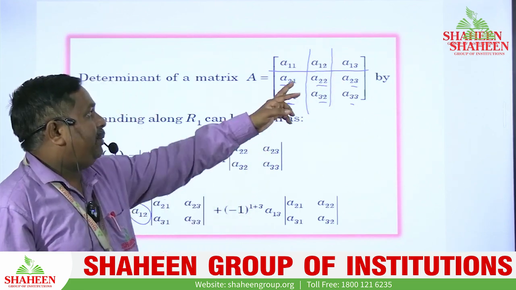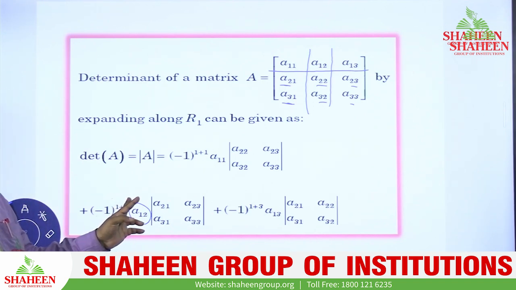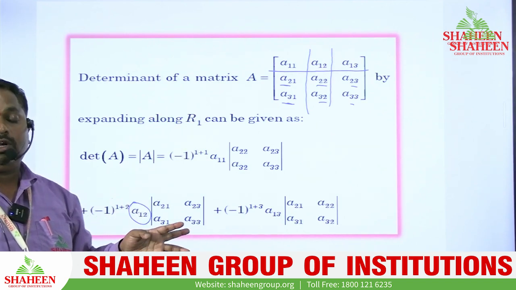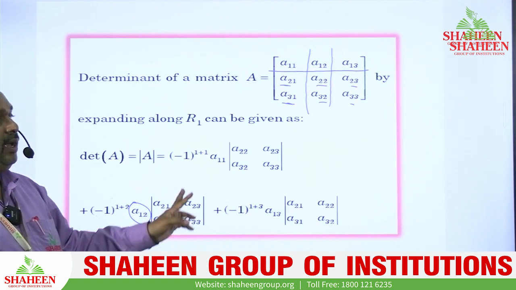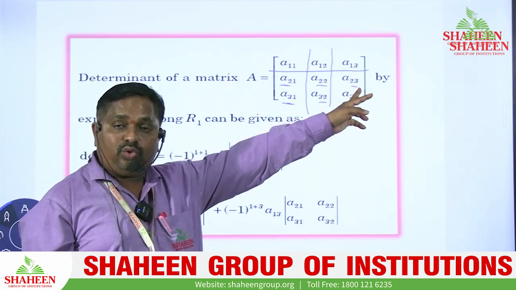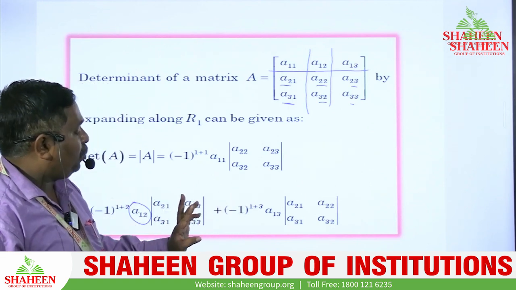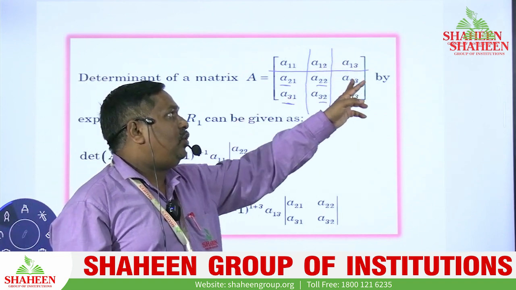Plus the middle element a22, with minus 1 power 2 plus 2, and you leave the row and column in which a22 is lying, and the remaining four elements we write in this determinant. And the last element of this row is a23, and we are taking minus 1 power 2 plus 3, and you leave the row and column in which a23 is lying.